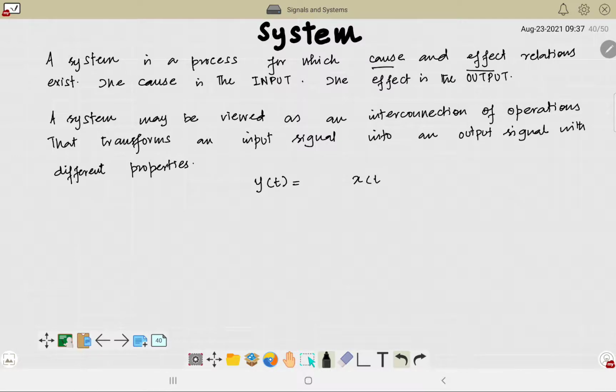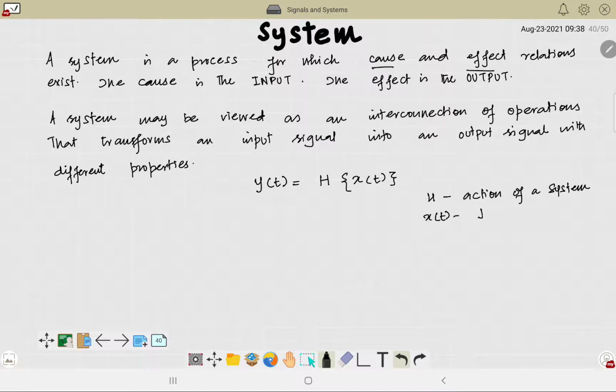Now mathematically, how we formulate this, we have an output signal y of t, we have an input signal x of t, and we use a factor, let's denote that by h, and h basically denotes the action that the system performs. Right? x of t is your input signal.